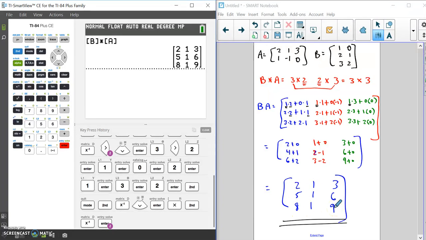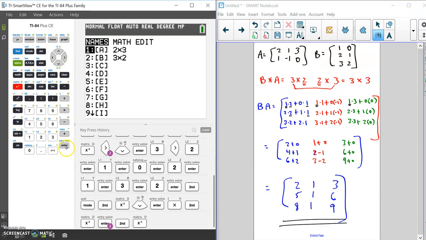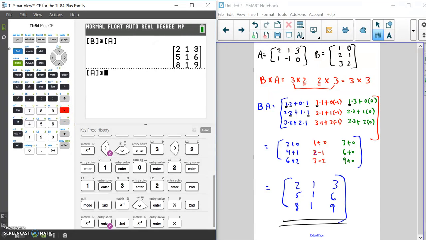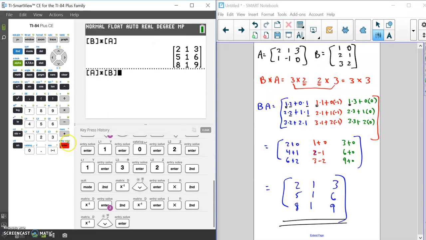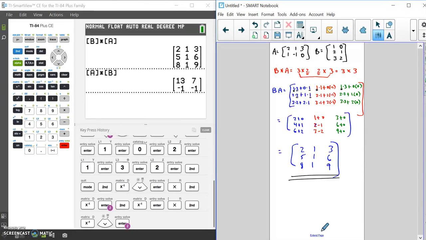Okay, now I just want to mention real quick, if I went back and I flip this, and instead of doing B times A, I do A times B, I've mentioned this a couple times, we're not going to get the same answer. This is what we'll get when we do that, and the reason why that's the case is because if you look at matrix A, if we were going to do A times B, matrix A is a 2x3 matrix, and then matrix B is a 3x2 matrix.